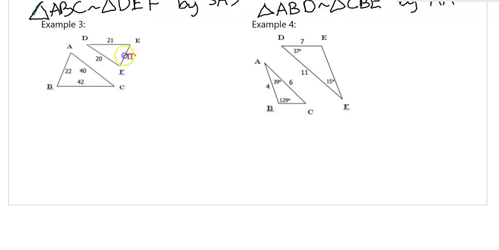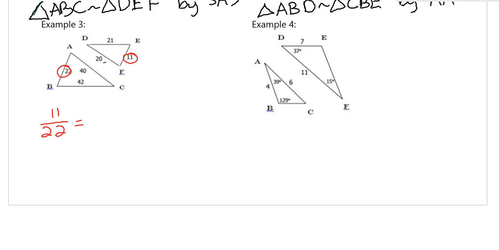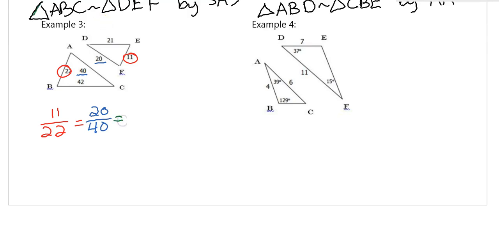So starting with my smallest side, 11 over 22 has to equal the middle, 20 over 40, has to equal the largest, 21 over 42. Again, 11, 20, and 21 all come from the same triangle. 22, 40, and 42 all come from the same triangle.